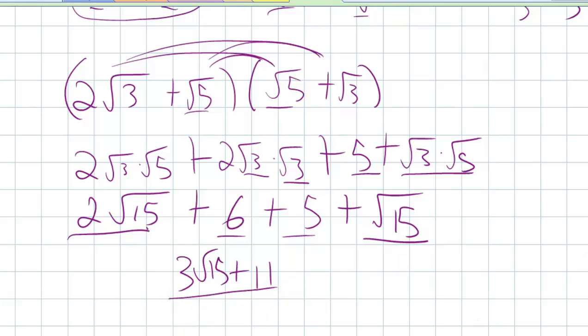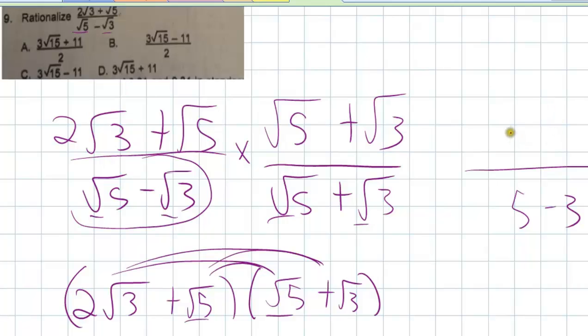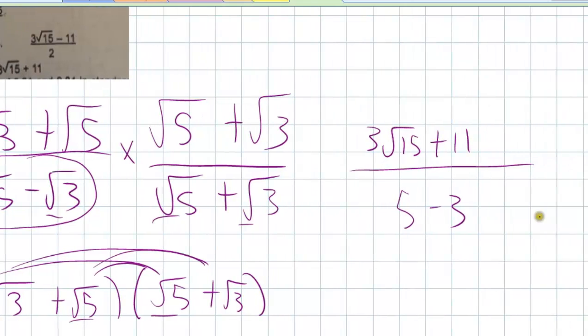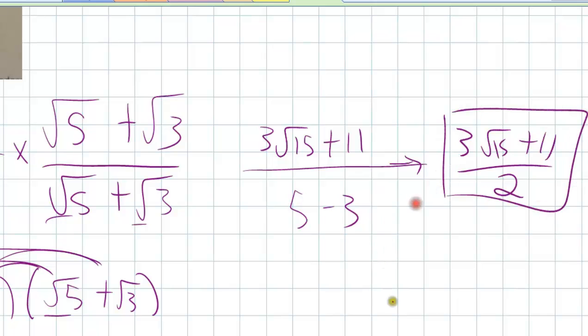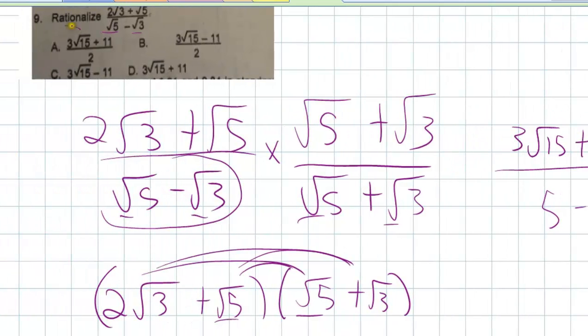So 3 root 15 plus 11, and we're going to put that over here. 3 times the square root of 15 plus 11 over 5 minus 3. Just one more simplification we want to do here. 5 minus 3 is 2, okay? So 3 root 15 plus 11 over 2, and that's our answer over here. That's A.